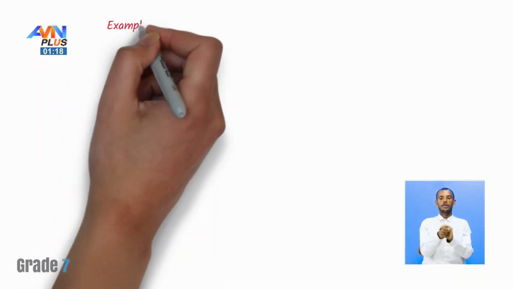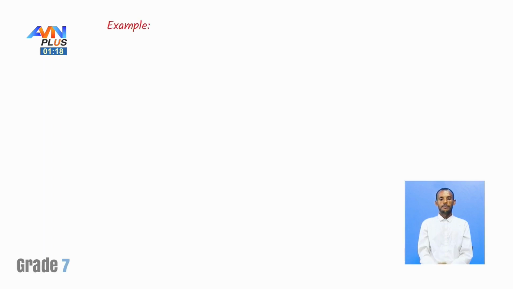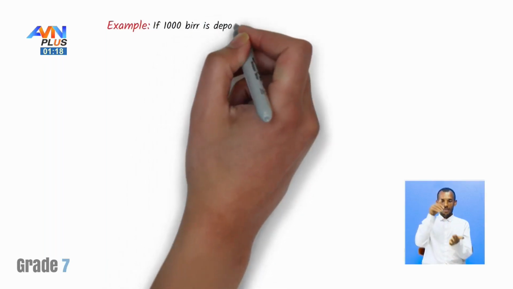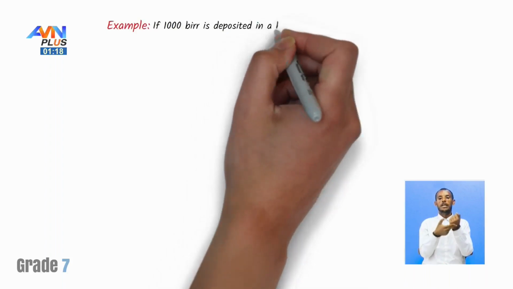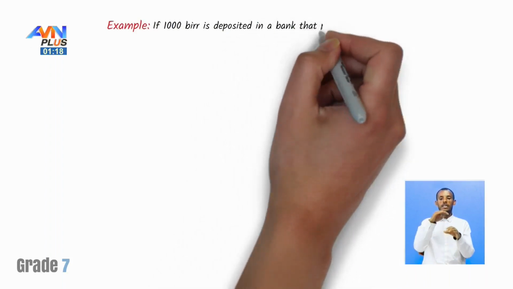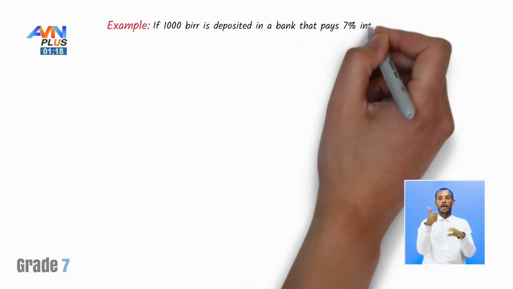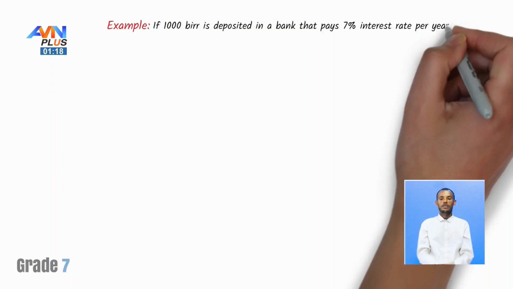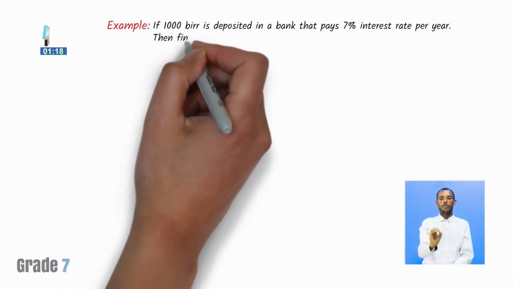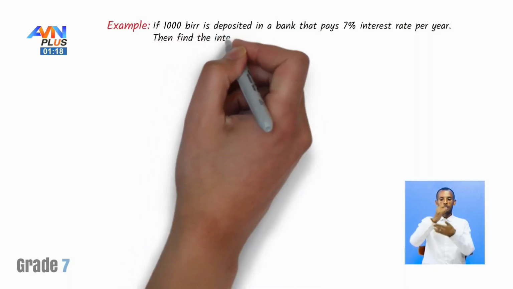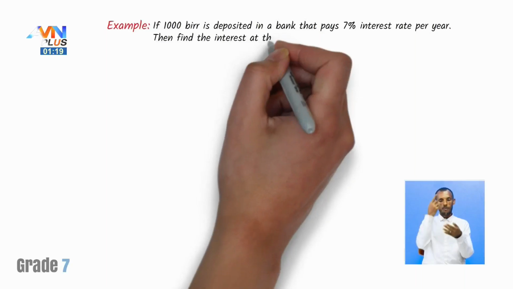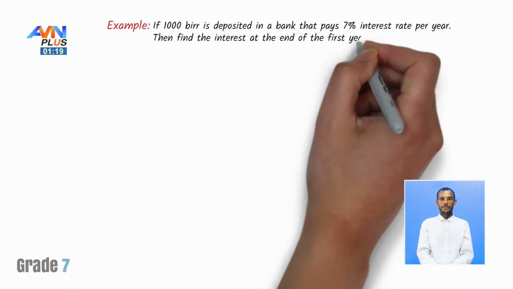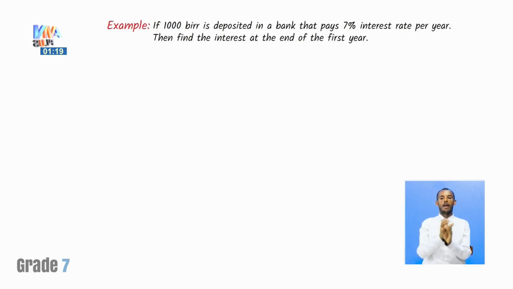Example. If 1,000 birr is deposited in a bank that pays 7% interest rate, 7% interest rate per year, then find the following.